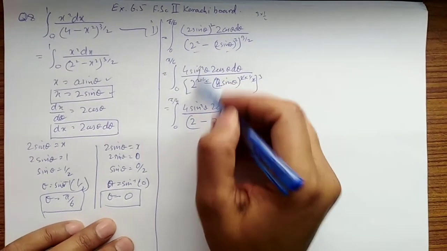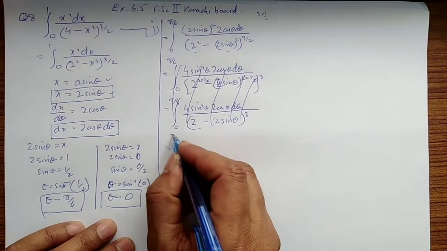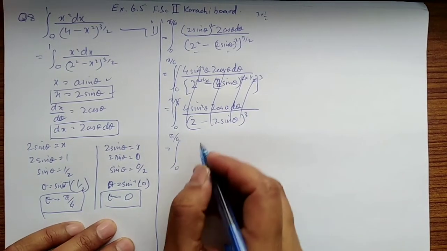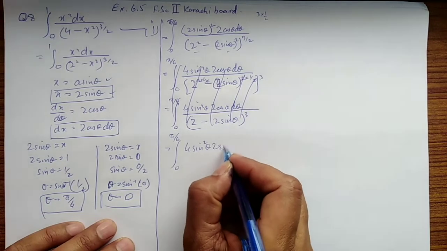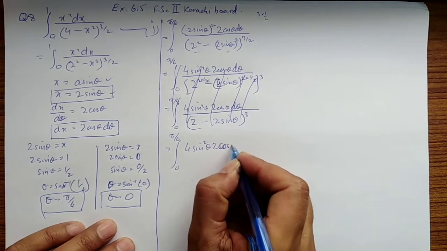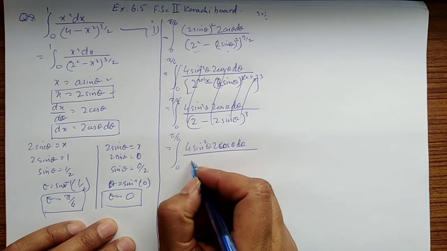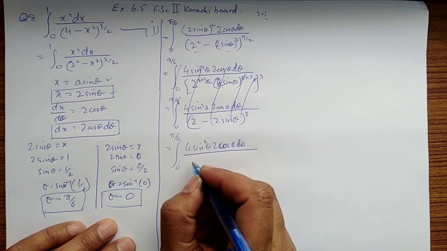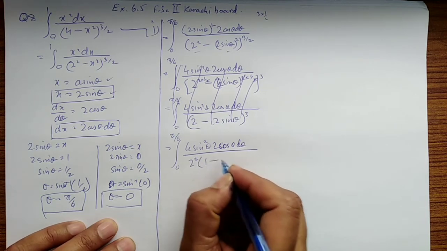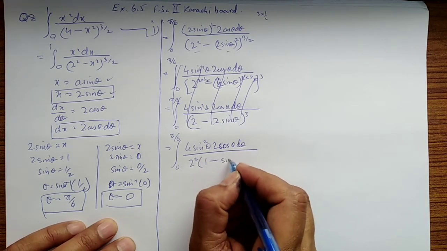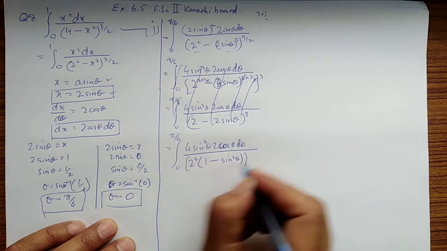Sorry guys, this is a mistake. I'm going to do it again here. That is pi upon 6, 0, 4 sine square theta 2 cos theta d theta, whole divided by, I'm going to take this 2 square outside as a bracket, that is 1 minus sine square theta, and I have 3 upon 2.